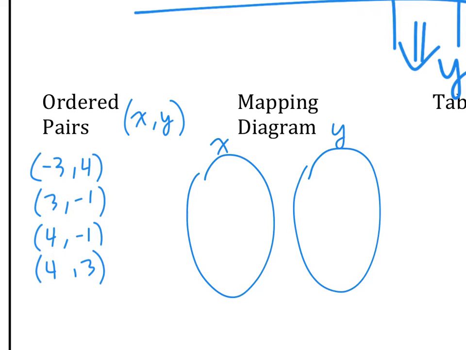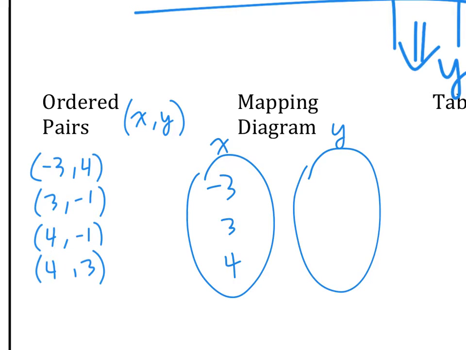But first, we have to look at all our x's and put them in ascending order, from smallest to largest. In this one, we have -3, 3, and 4, which comes up twice. Since it's repeating, we just write it once. So -3, 3, 4. We don't write 4 twice because it's the same number.